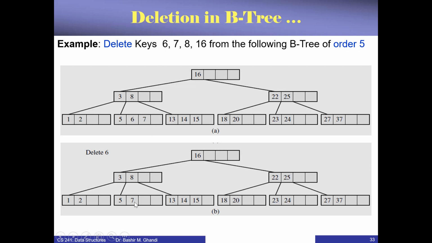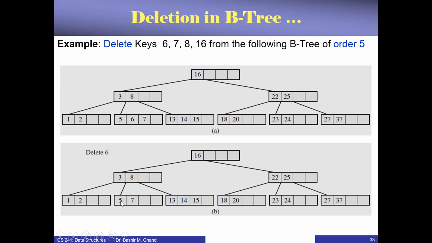What about if you try to delete 7 now? Obviously, this node will underflow. But luckily, the right sibling has more than the minimum. So you can borrow. You can borrow the leftmost one. So 13 will come and replace the parent here. And the parent 8 will come and join this node.